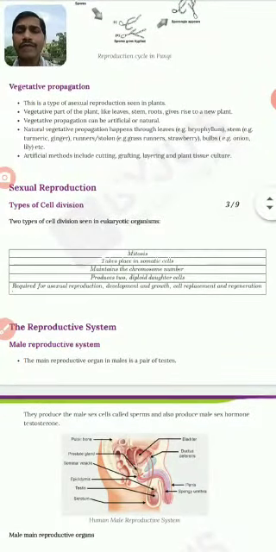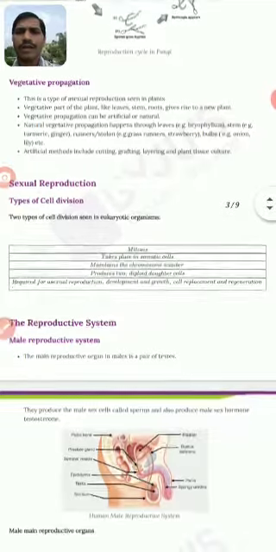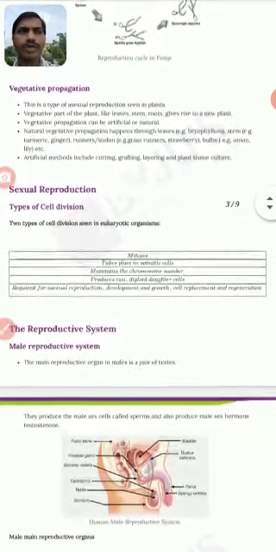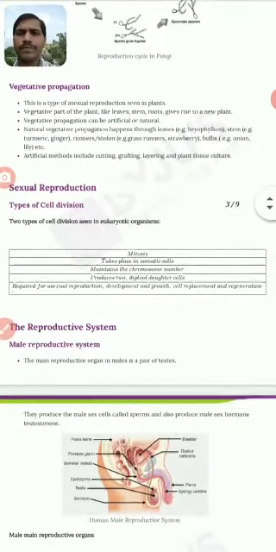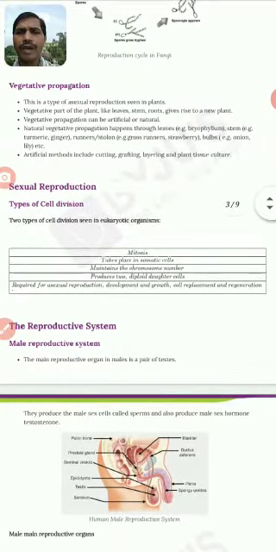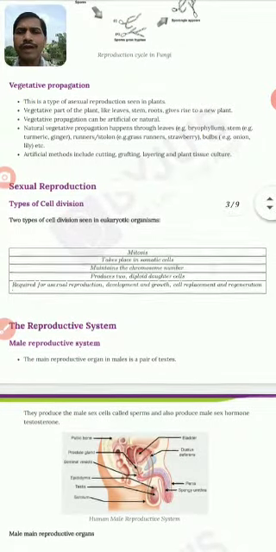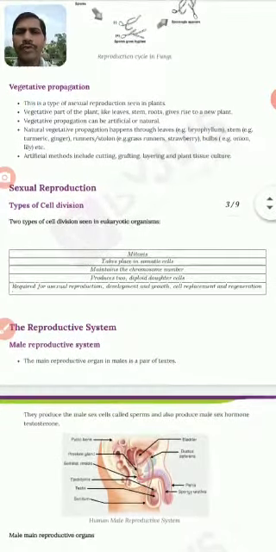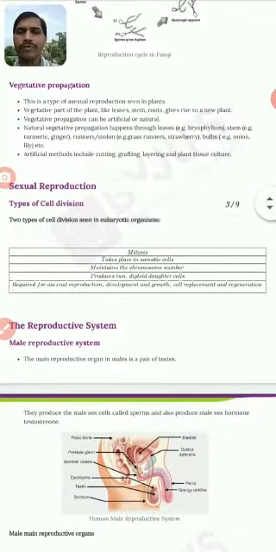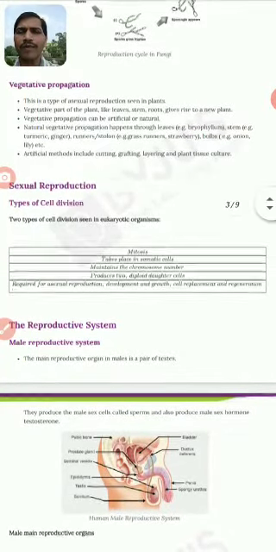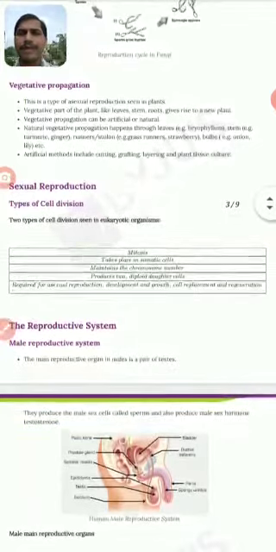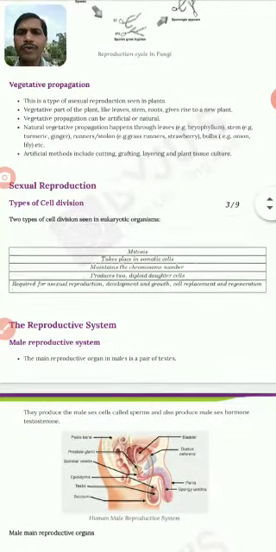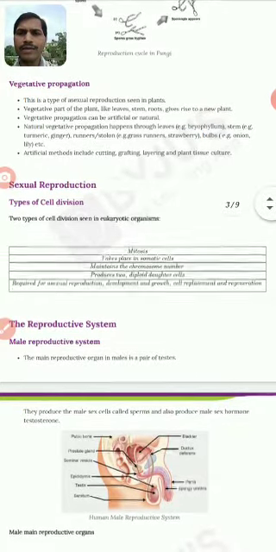In the case of grafting, say for example pomato, meaning potato and tomato. As we know, the upper part of the potato is of no use and the lower part of the tomato is of no use. So in grafting, the root part of the potato is taken and the shoot part of the tomato is taken.